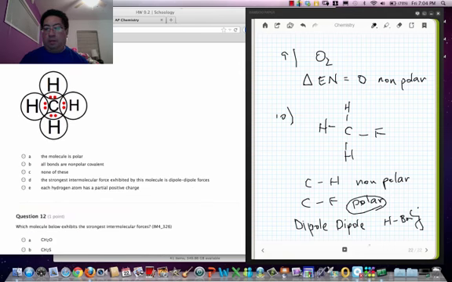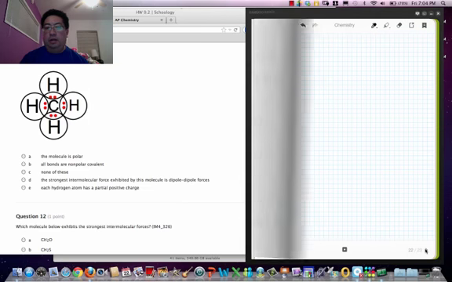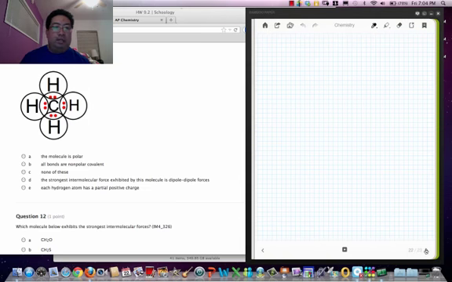For 11, let me turn my page here on my notepad. For 11, they're asking what's true about this molecule. So this molecule is methane or CH4. And the idea here is whether or not this molecule is polar. If you know whether or not it's polar, you know what intermolecular force it has.